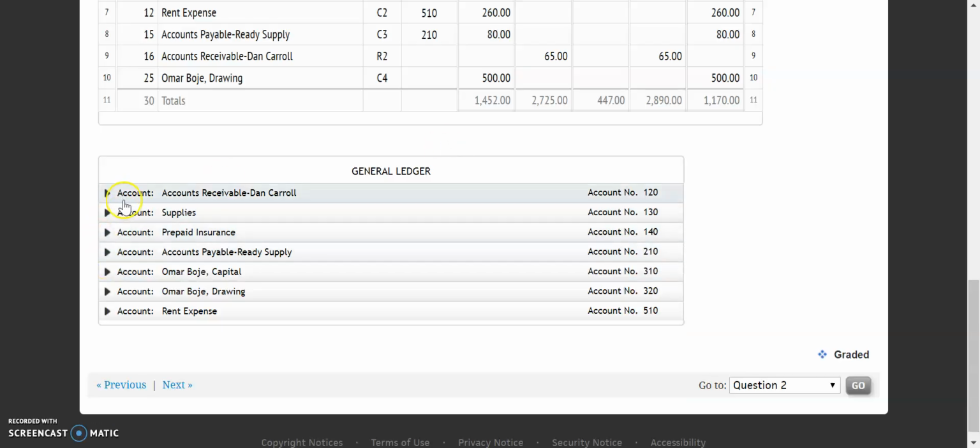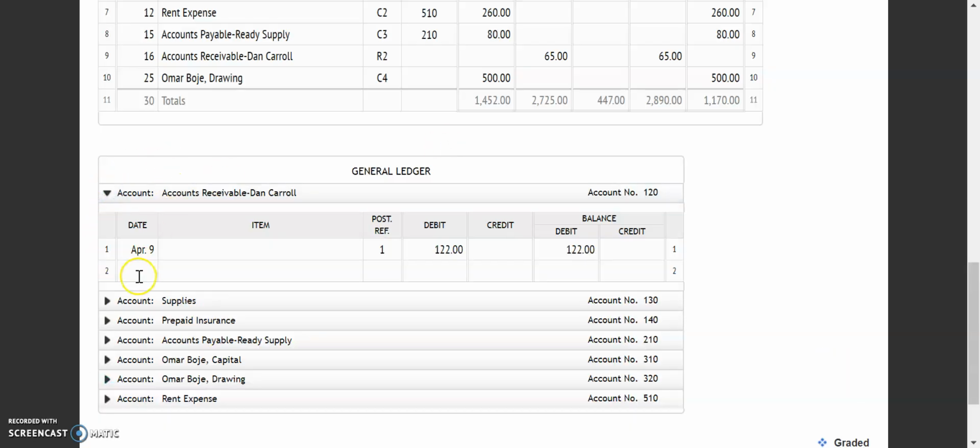All right, we have another one, a second entry in an account in a ledger. So this is on the 16th for accounts receivable for Dan Carroll. So again, because it's the second line, all we need to do is put the 16th. We come over, we put the post reference as 1. This time we're getting a credit of $65.